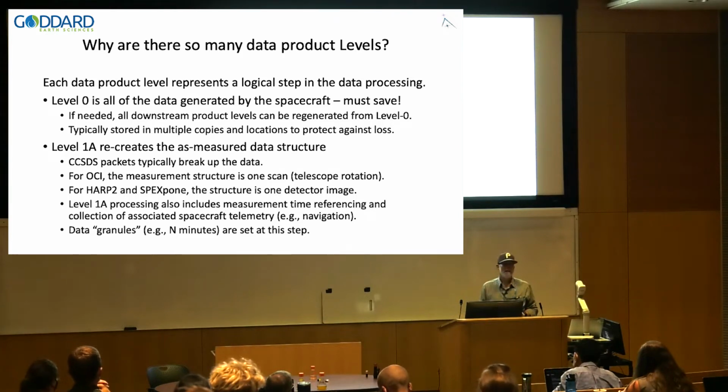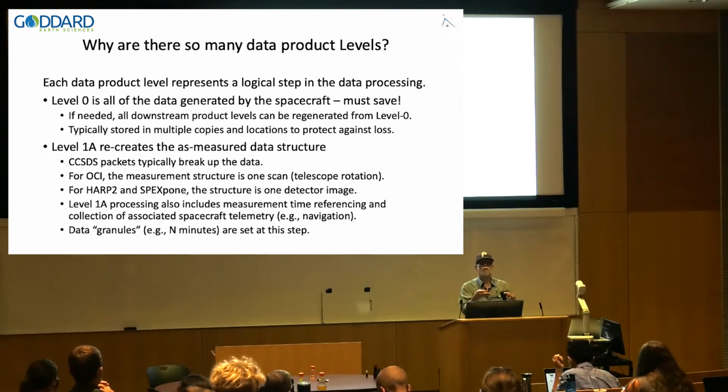And so that's a logical unit of data. The packets aren't organized that way. The data are broken up into many, many packets. It actually takes close to 3,000 OCI CCSDS packets to make up one scan. So the first thing we want to do is take all those thousands of packets, put them into a data structure as the instrument originally generated it. So that's a very well contained step.